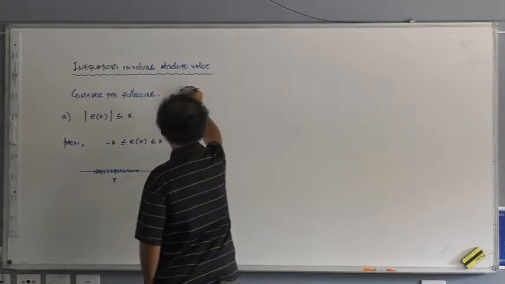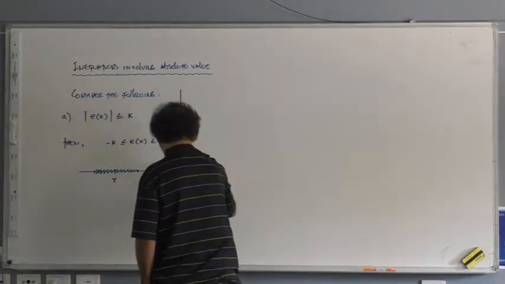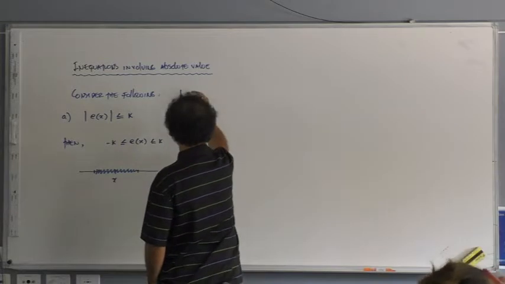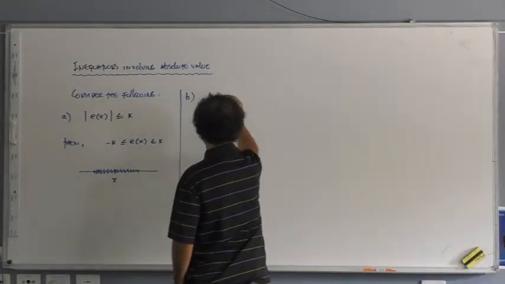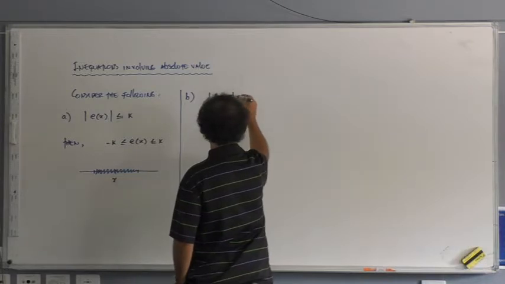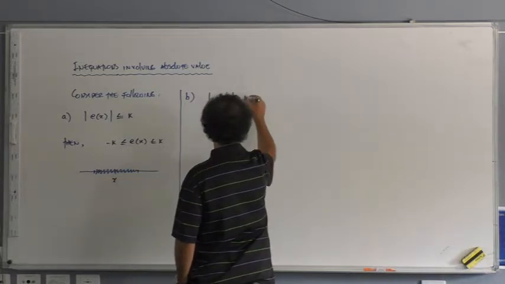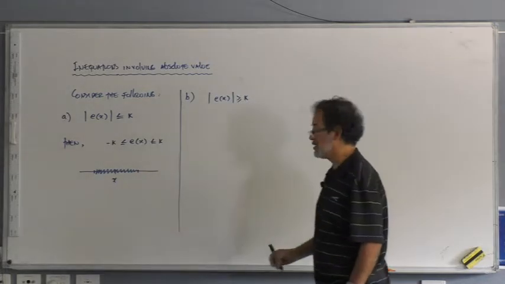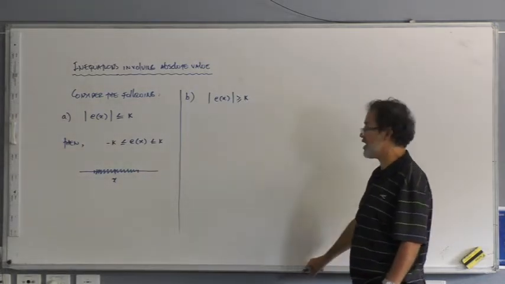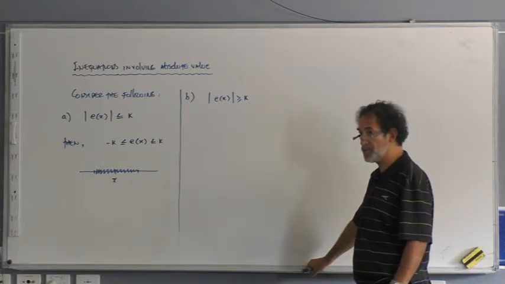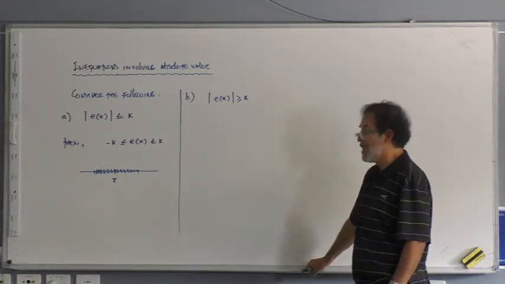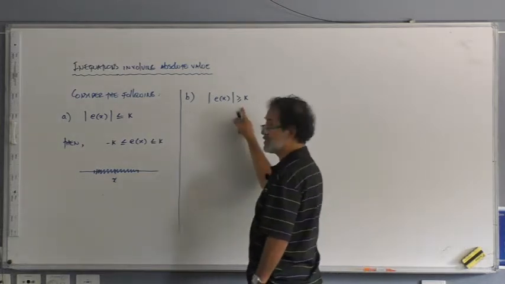And then the other case is when you have the absolute value of some expression greater than or equal to a number. When you have the absolute value greater than or equal to, then we're going to have to split this into two.